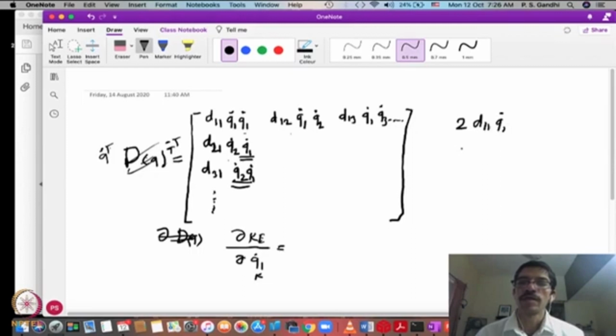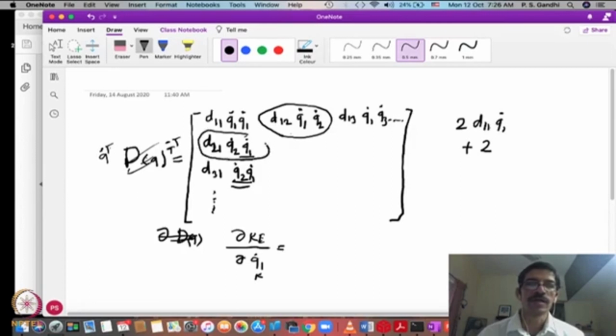And off-diagonal terms will have a 2 again, because this term and this term will get summed up, and because the matrix is symmetric, both the terms are equal, and that's why this is 2 times d12 into q1 dot again.